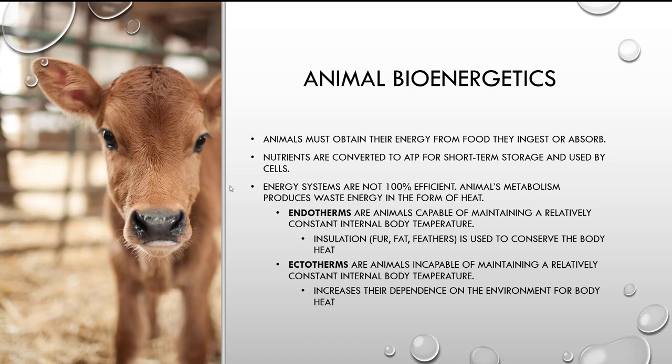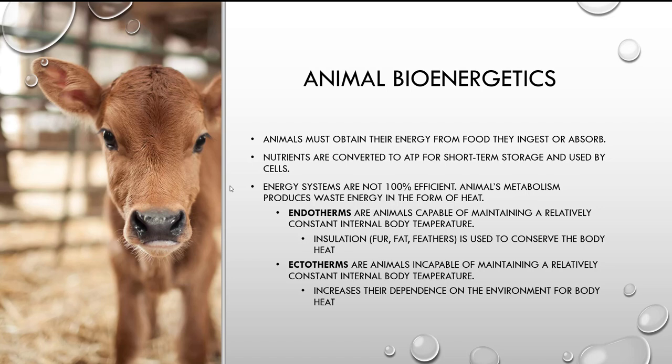Some animals, like endotherms, like us, are capable of maintaining a relatively constant internal body temperature by harnessing that heat. We use that heat to keep ourselves warm. All of those chemical reactions occurring inside our body, we try to conserve that heat inside of us to keep our body around the same temperature all the time. We use things like fur or fat or feathers to help conserve that body heat.